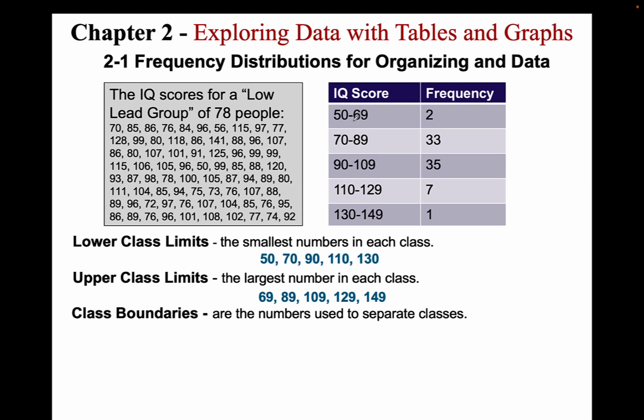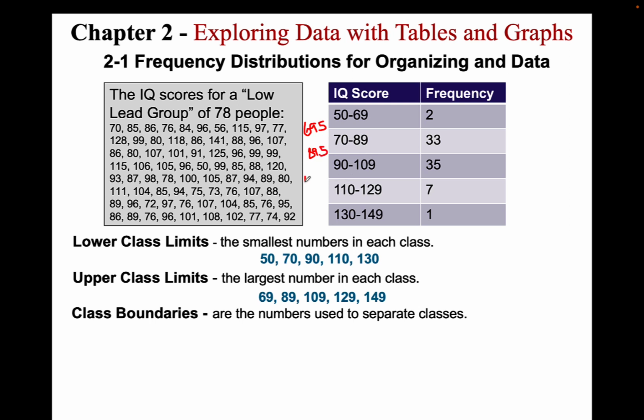The IQ score separating 69 and then 70 to get into this class would be an IQ score of 69.5. So that is one of our class boundaries. 89 to 90, the IQ score separating those 2 classes would be 89.5. So that's another class boundary.